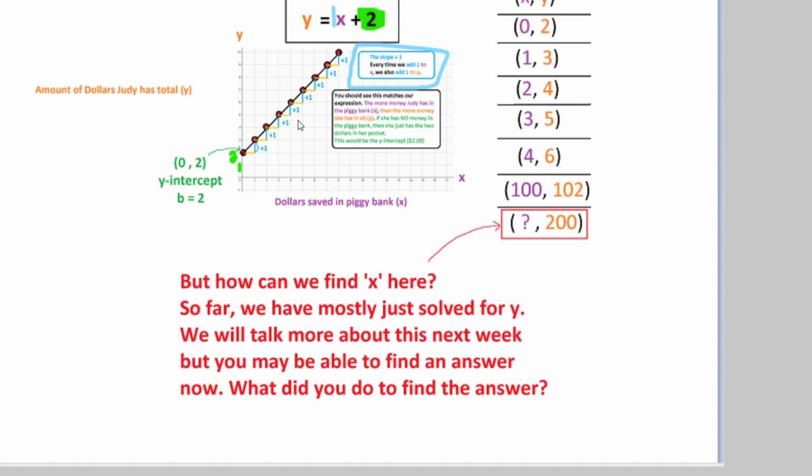Every time we're adding 1 to x, we're adding whatever the slope is to y. So in this case, the slope's just 1, so we add 1 to x, we add 1 to y. But what if the slope was 3?